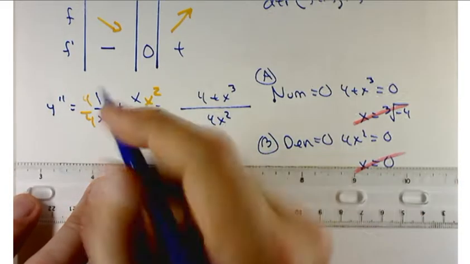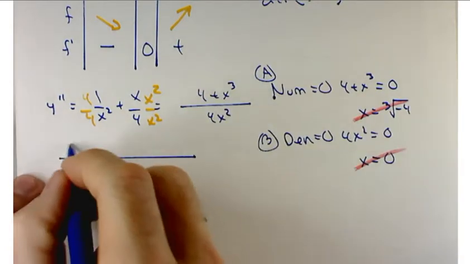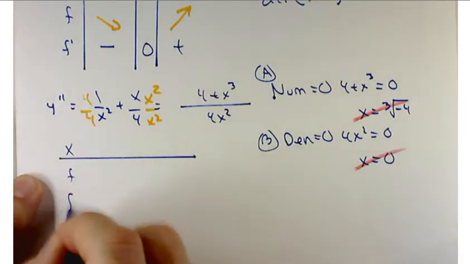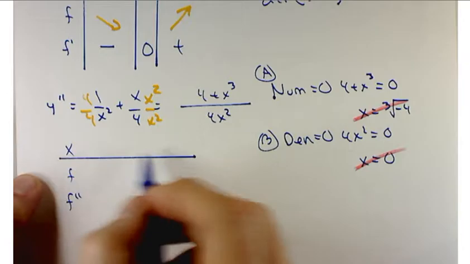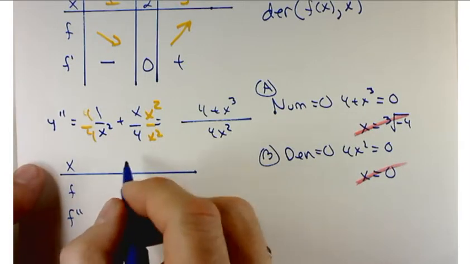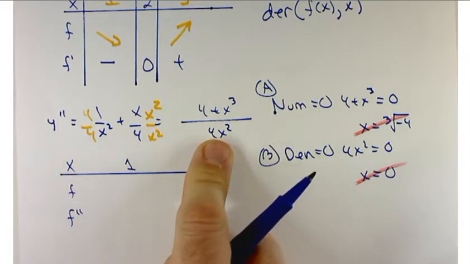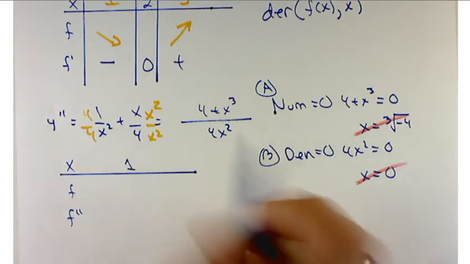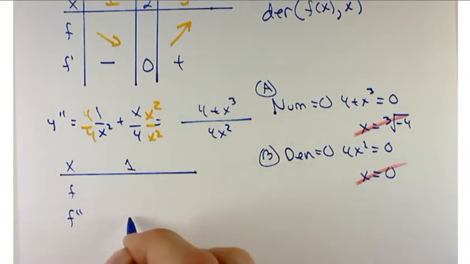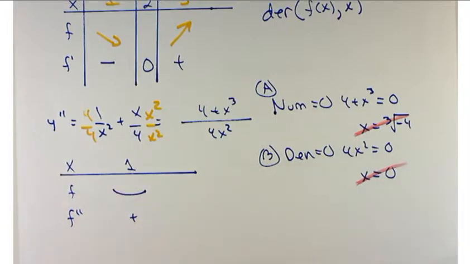Well, let's do a little test here. X, F double prime. I'm not going to put a point in here. Well, let's see. I can put in 1, I guess. Let's put in a 1. At 1, what do you notice about the function? The second derivative has to be positive. So this should be concave up for the entire function.